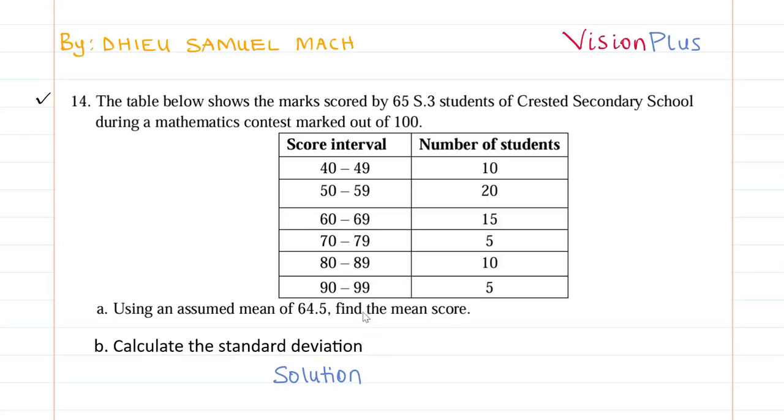So, we are going to organize the given data in form of a table for us to easily manipulate and find the requested items in the question. So that table of analysis is what we call the frequency distribution table.